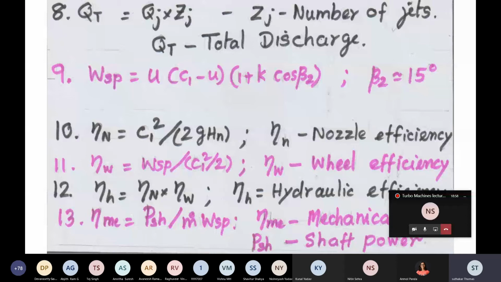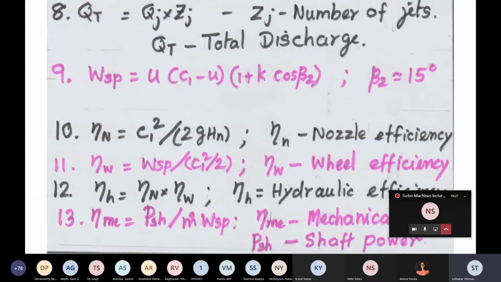So their relative expressions are given. Nozzle efficiency means C1 square by 2g Hn, where Hn is the net head. Then wheel efficiency is specific work divided by C2 square by 2. Then you have the hydraulic efficiency that combines both nozzle and wheel efficiency, the product of them.